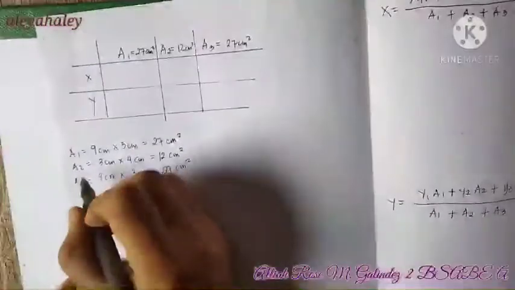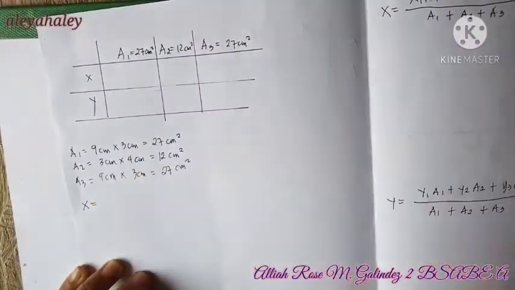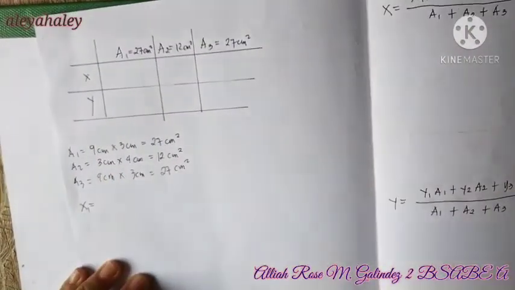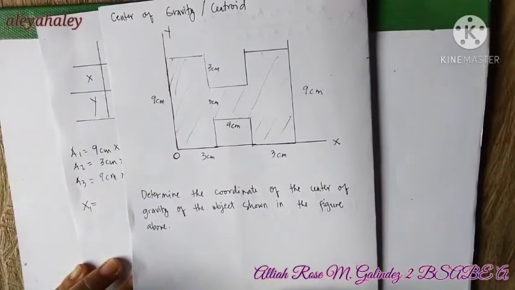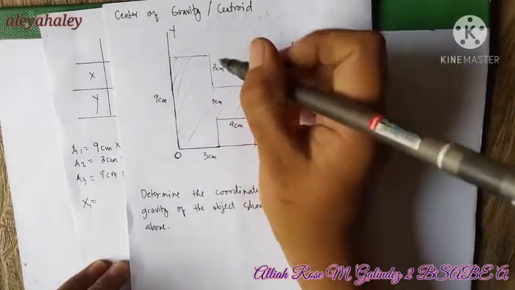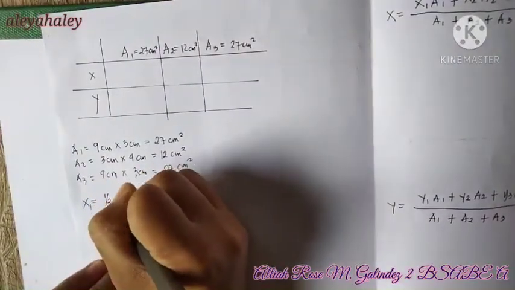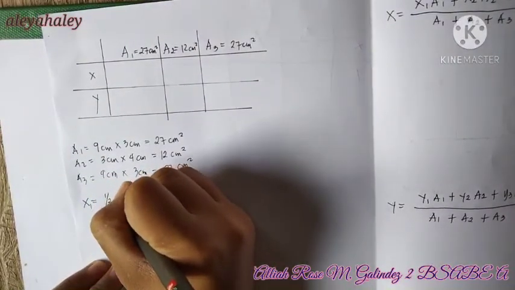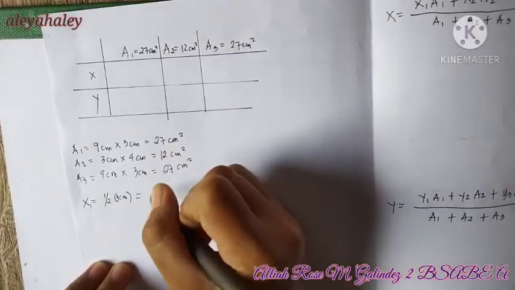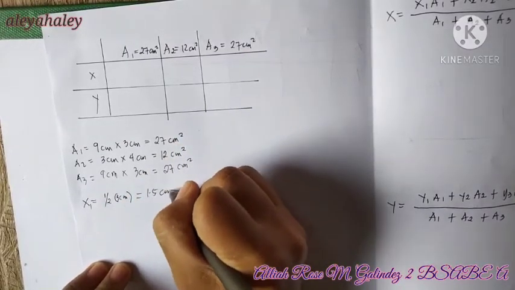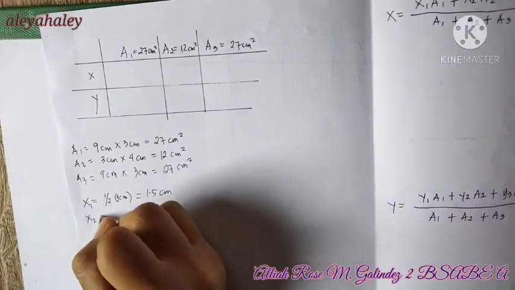So for the x-axis, x1 is 1/2 of the 3 centimeters. We have 1.5 centimeters.